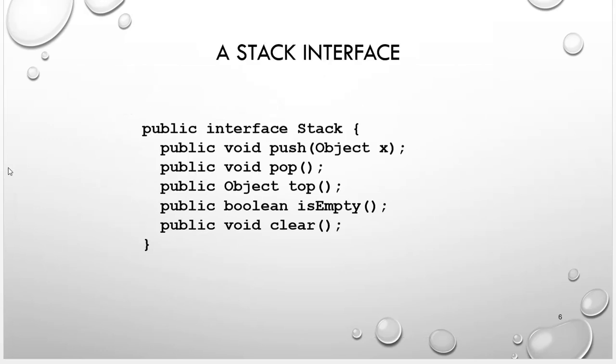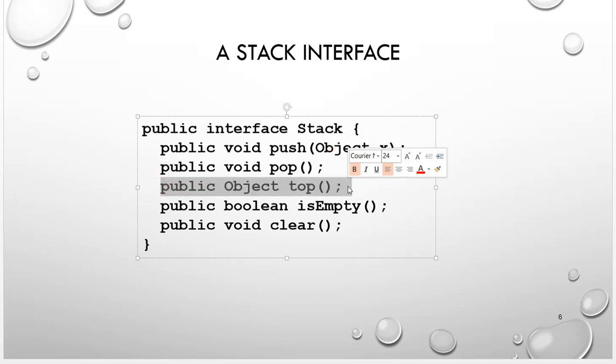So this is an example of a stack interface. A stack interface is just showing the methods that can be used as part of operations on a stack. So you can have a method like public void push, where you're adding an element, public void pop, where you're removing an element, then public object top. Here you're looking at what is the top object, so you just want to retrieve the value of the top object.